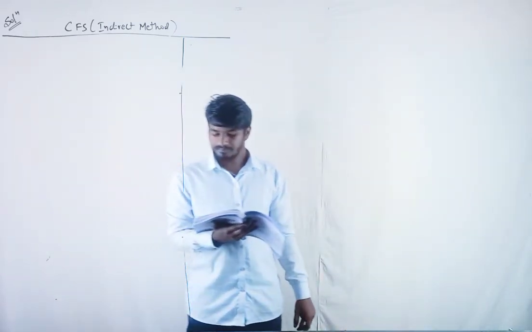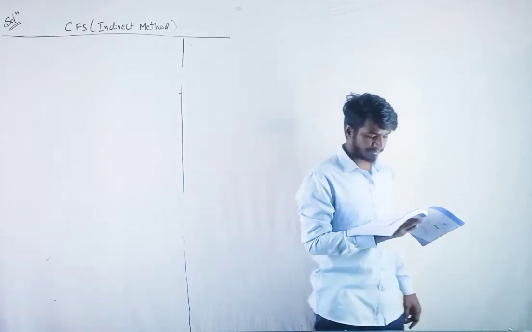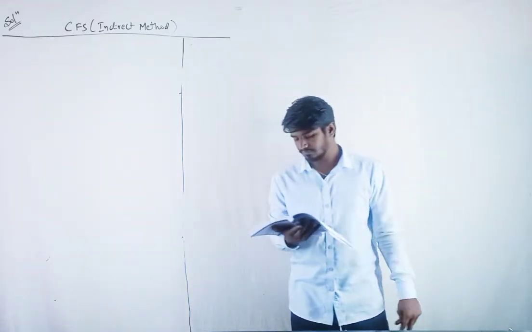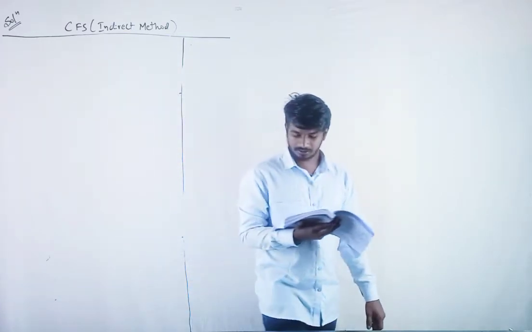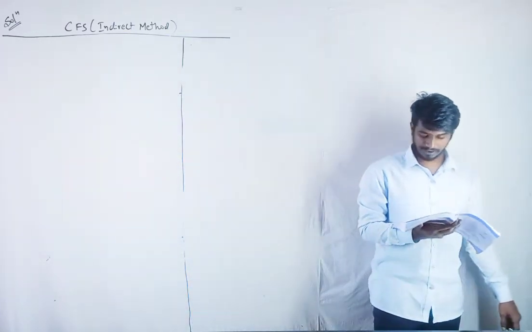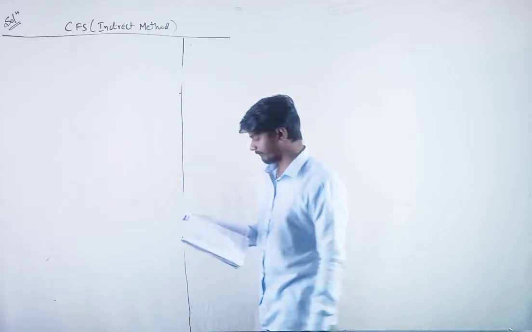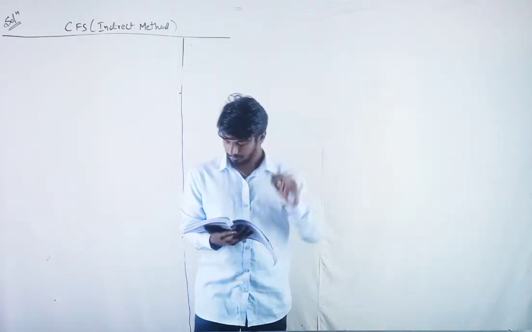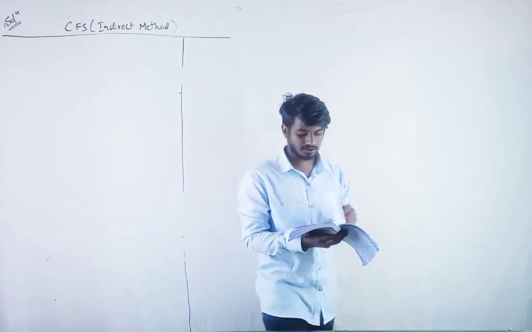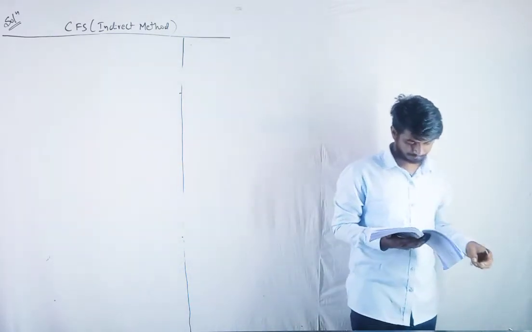Depreciation of rupees 15,000, we will show it in the operating activity. Fine. 15,000 on equipment, 30,000 on furniture, right? Okay, let us start solving the question.